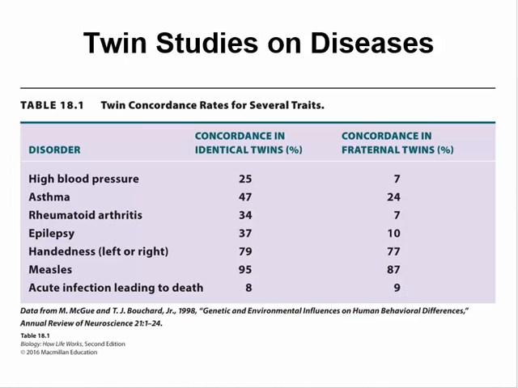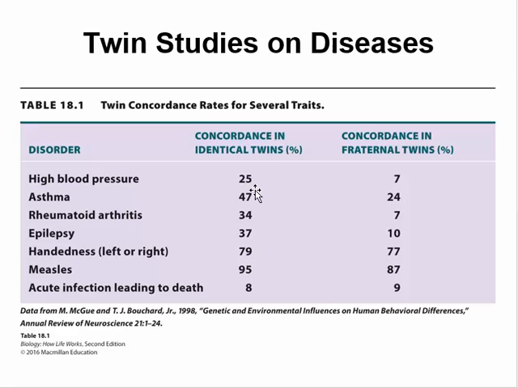So what would we expect when we look at some, in this case, disorders or diseases in twins, identical versus fraternal twins? If something is purely genetic, we'd expect a very high concordance in identical twins, but less so in fraternal twins. And so let's take an example here.